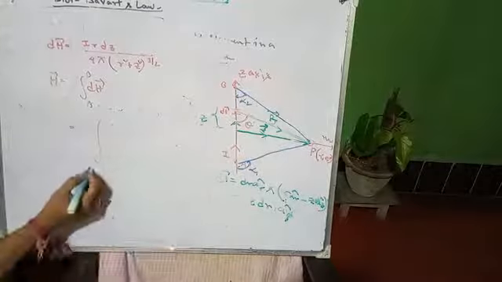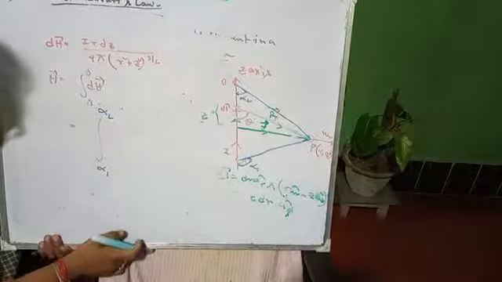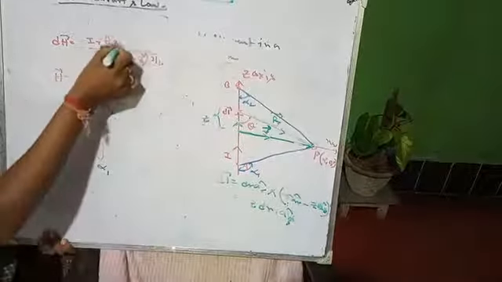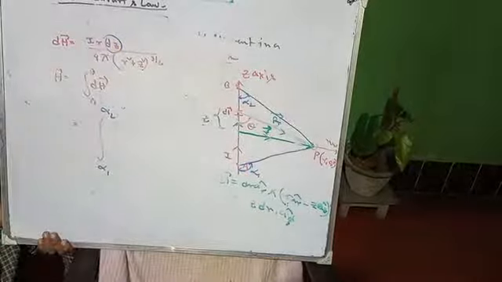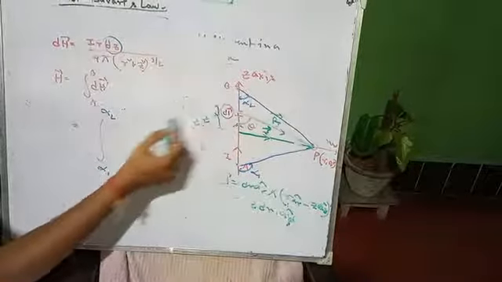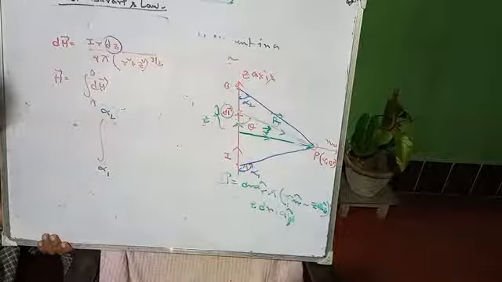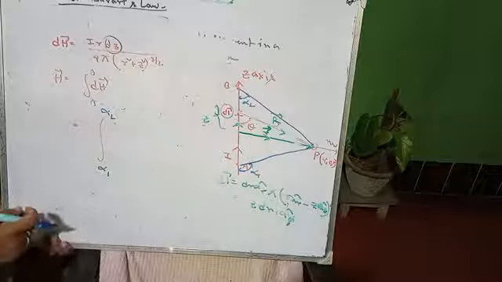From alpha 1 to alpha 2 we have to integrate, but the differential element is dz, which is nothing but the length of this one. So this length we have to convert into the angle. How would you convert it?